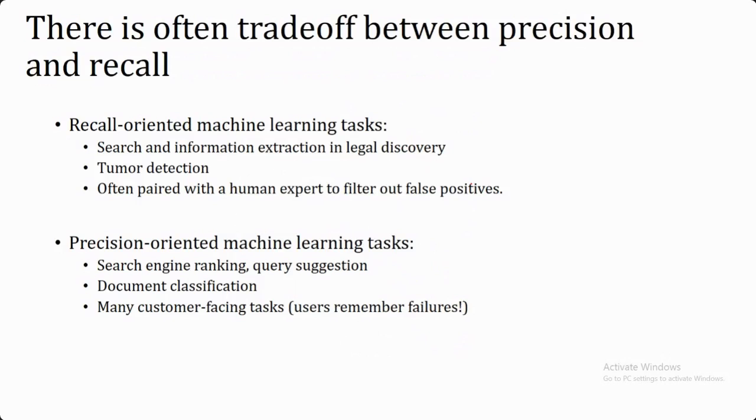Okay, now next we are moving to a precision-oriented application. Suppose we are performing a Google search. The important thing is that whatever Google is displaying to you, all the documents should be relevant. Although it has missed out some of the documents, the documents which Google is displaying to you should be relevant to you.